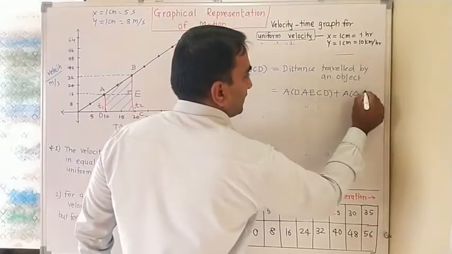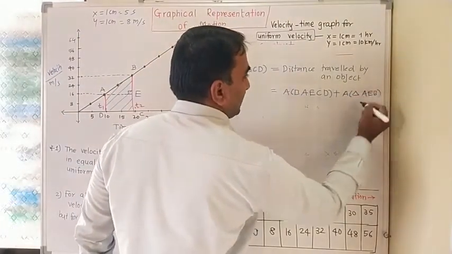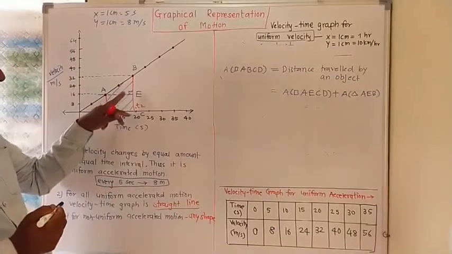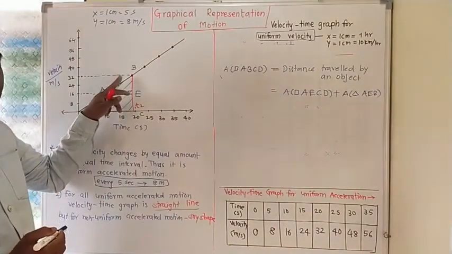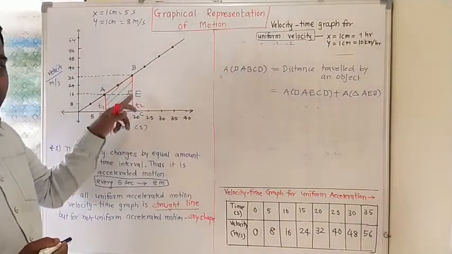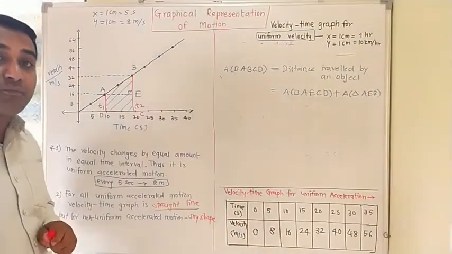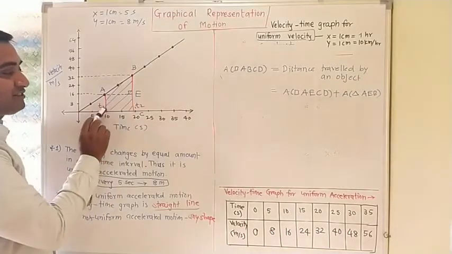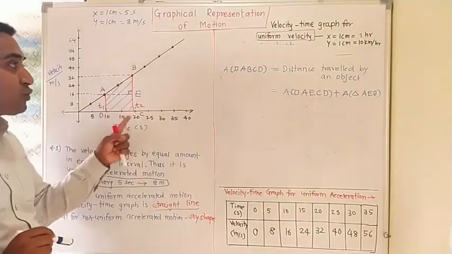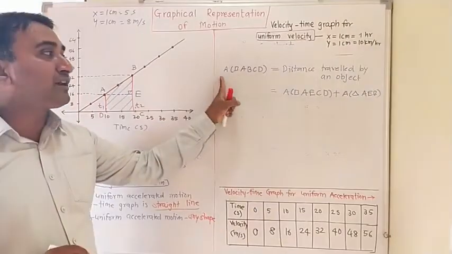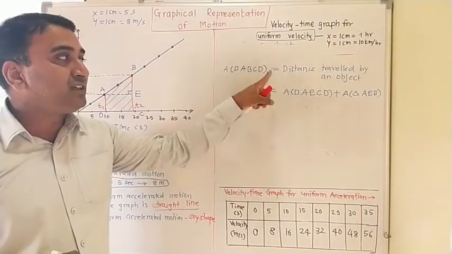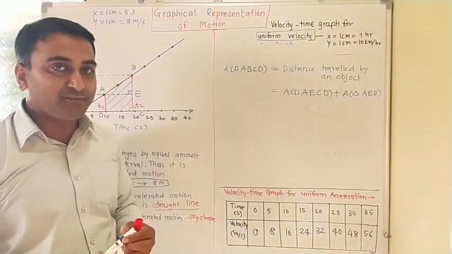AEB. So by the area formula, the area of a triangle is 1/2 into base into height, or 1/2 into the sides forming the right angle, and for the rectangle, length into breadth. We can find the area of the total quadrilateral, and the total quadrilateral area is the distance traveled by the object.